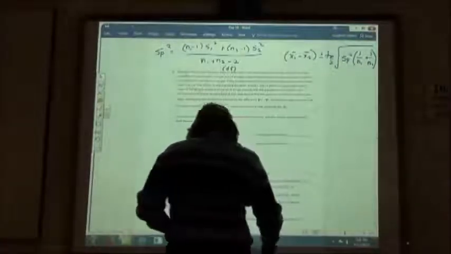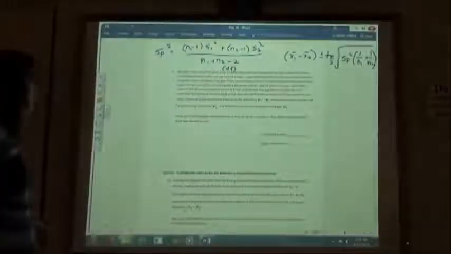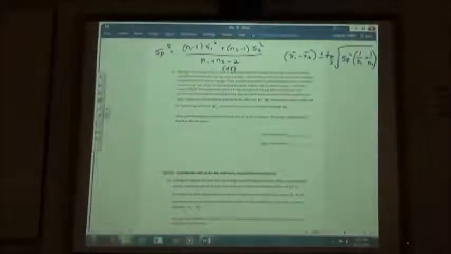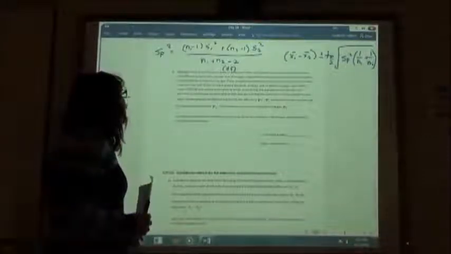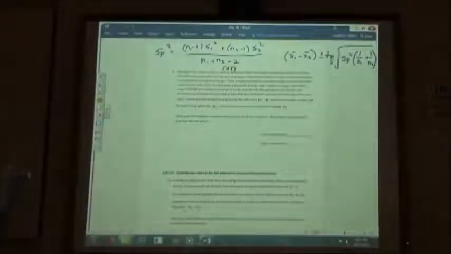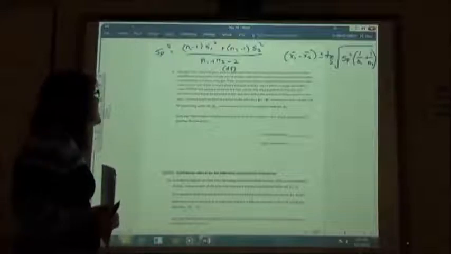So, it says managers of an industrial plant want to determine which of 2 types of fuel, gas or electric, is more cost efficient, measured in cost per unit of energy. Independent random samples were taken of plants using electricity and plants using gas.